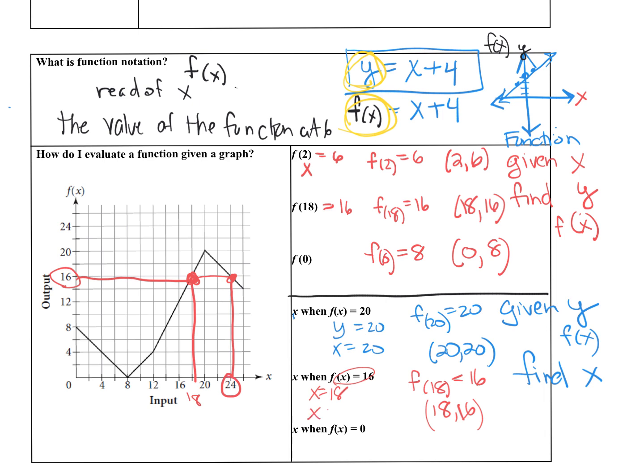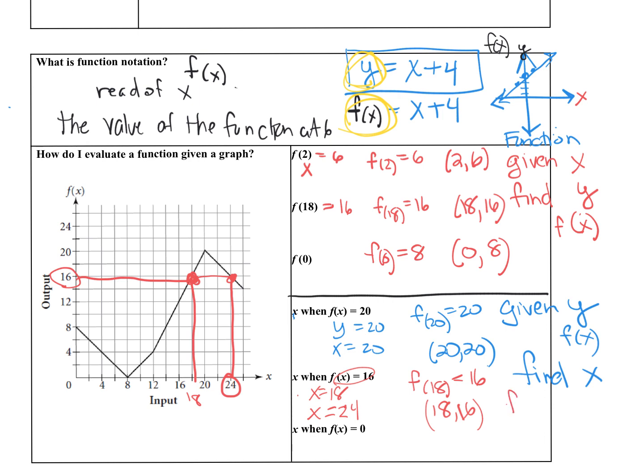There are actually two x values that produce the same y value, when x is 18 and x is 24. Okay, so remember, we are allowed to have repeats in our y values, we just can't have repeats in our x values.